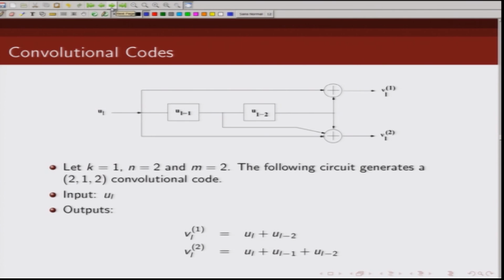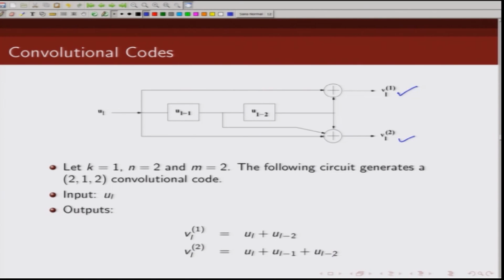You can see here the first output, v of l 1, is basically u of l plus u of l minus 2. So, in other words, it depends on the current input and the past two values of the input. And similarly, this one depends on the current input, the one-step-past input, and u of l minus 2.